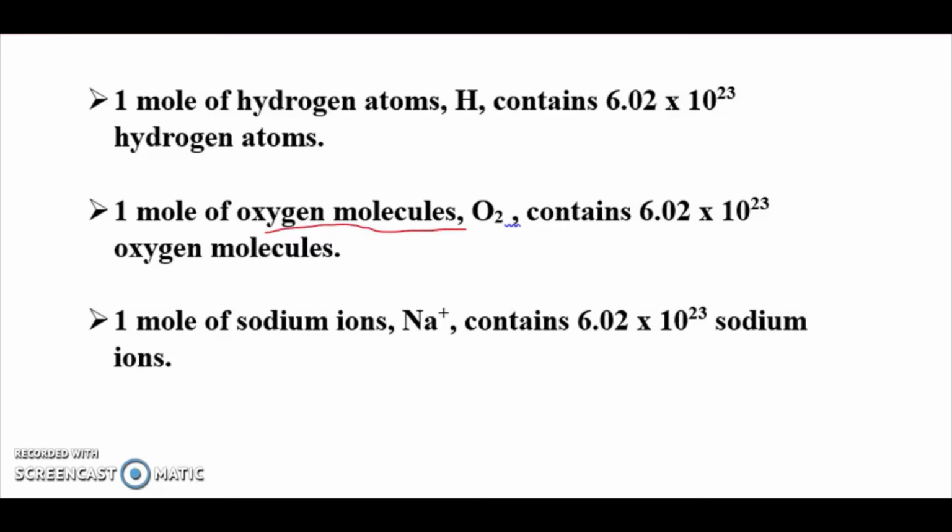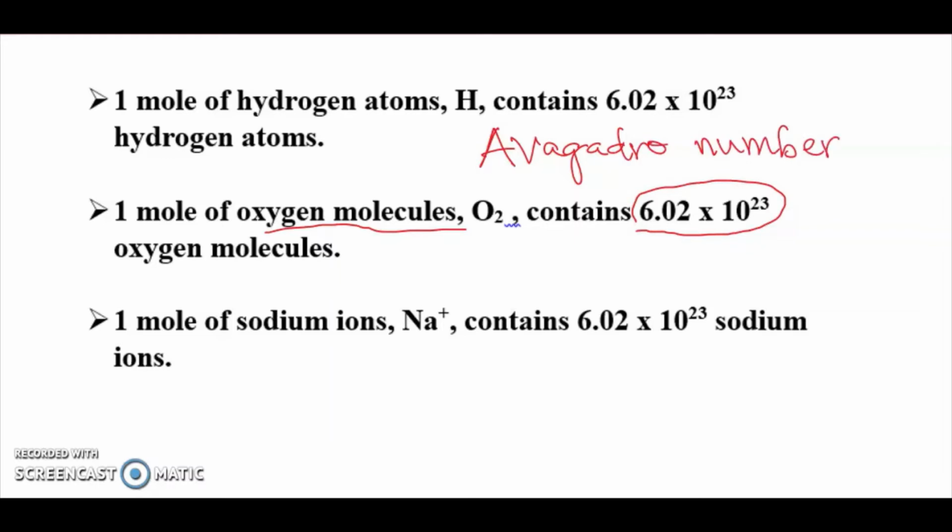You can see 6.02 times 10 exponent 23 oxygen molecules. 1 mole of sodium ions contains 6.02 times 10 exponent 23 sodium ions. So 1 mole of every substance contains this number of particles, and this is often referred to as the Avogadro number or Avogadro constant.